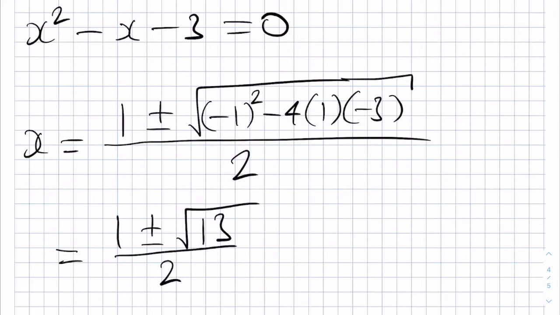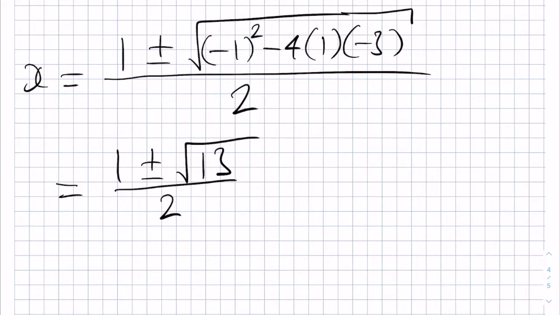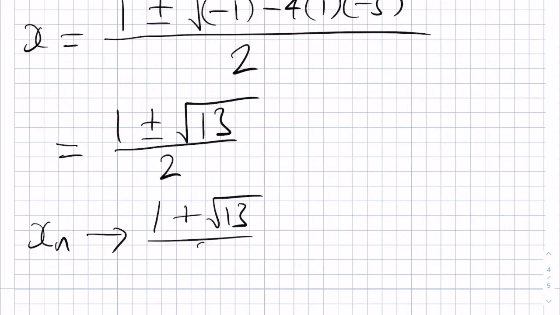Each term in the sequence is positive, and so we would expect the limit of the sequence to be positive as well. Hence, if the sequence converges, then we would expect that x_n, the sequence, would tend to 1 plus root 13 over 2 because the minus value is actually negative.